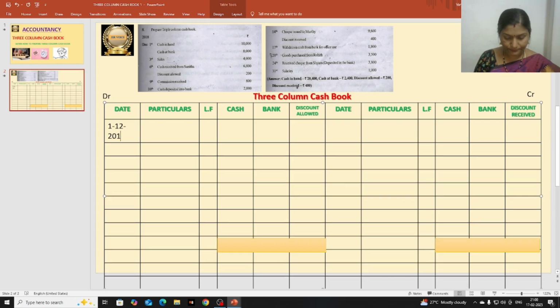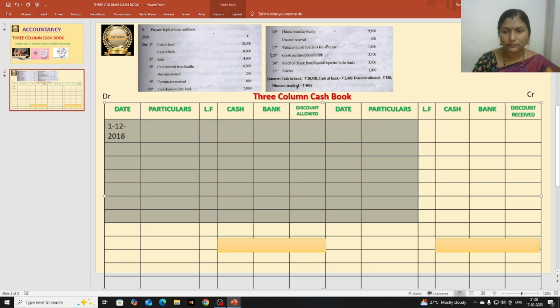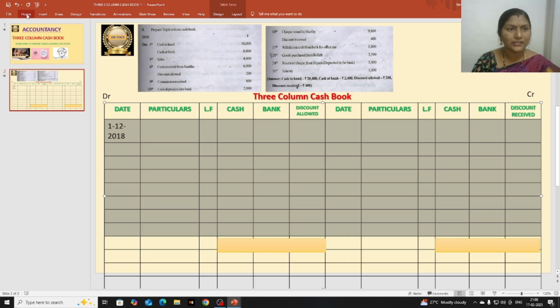1-12-2018. So we can write in this way that date. I'll just change the font size so that it will accommodate there. Wait for a while, I'll change the font size.